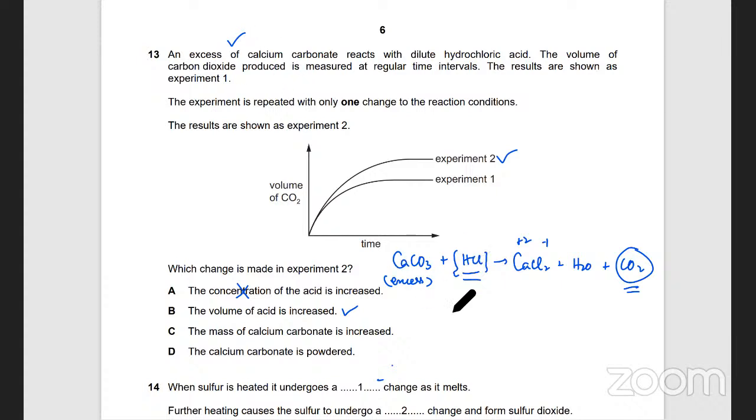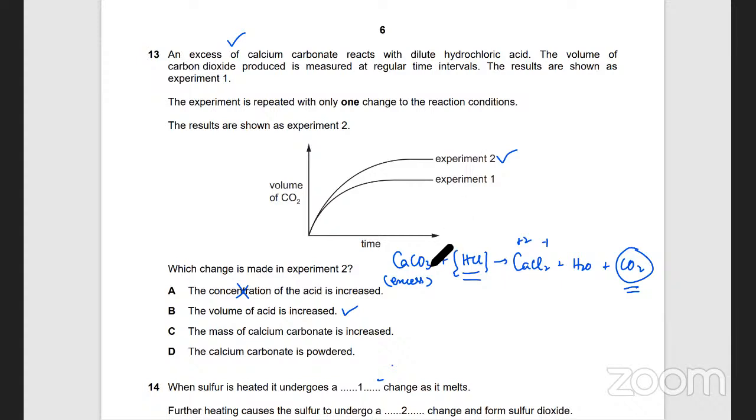He had already told us that calcium carbonate is in excess, so the HCl was already getting used up completely. Even if you further increase the amount of calcium carbonate, the amount of carbon dioxide will not increase. Is this clear?